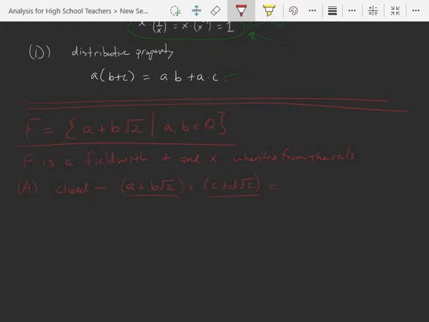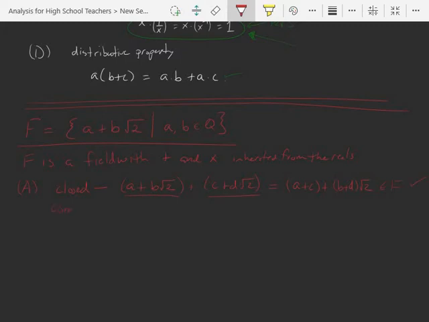Well, I get a plus c plus b plus d square roots of 2. And here I've used the commutative, associative and distributive properties sort of implicitly, but I think we're probably comfortable with those. And this is also in the field. So we've got closed, checks out.